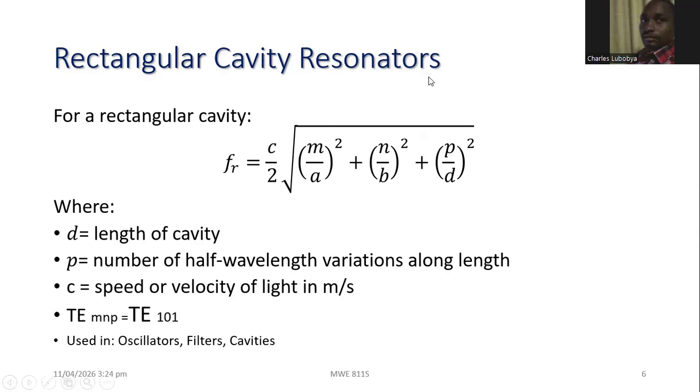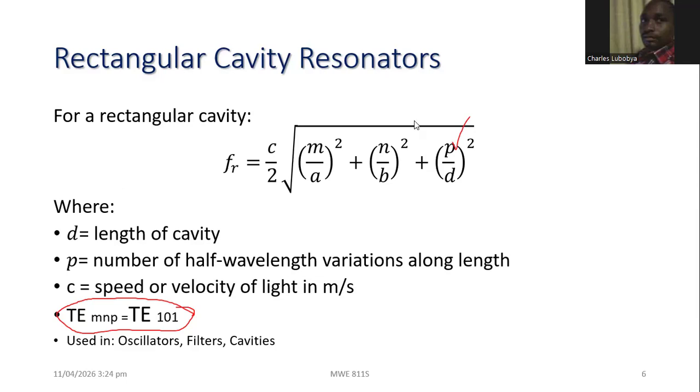If you look at this equation, you will notice that the mode is determined by these parameters m, n, and p. As opposed to rectangular waveguides, where we had only TE10, where m and n were considered, in this case we are introducing another parameter for cavity resonators known as p, which is a mode specified by the distance d, the length of the cavity resonator.